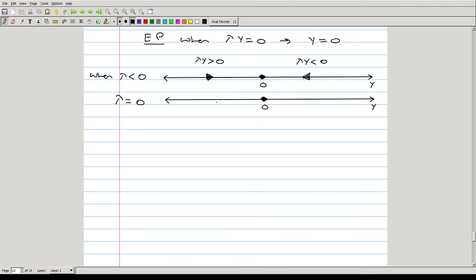So at every point, there's actually no motion of the solution. It just means that y is staying constant at whatever the initial condition is.